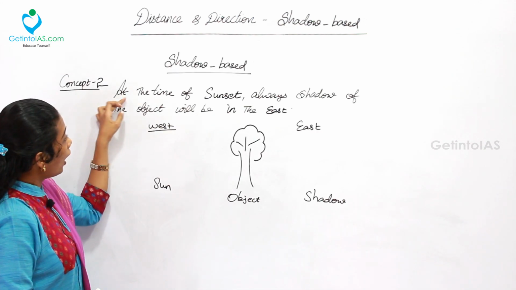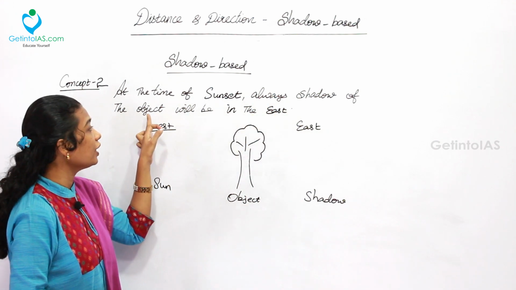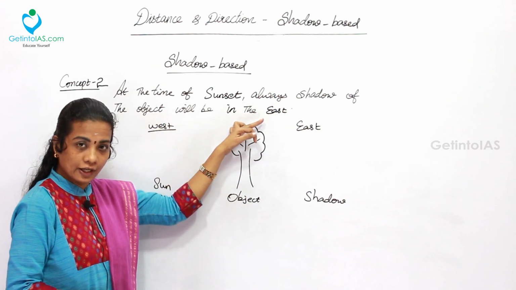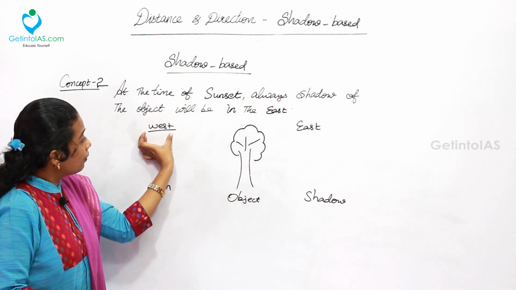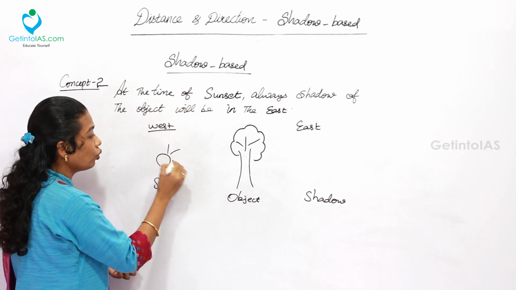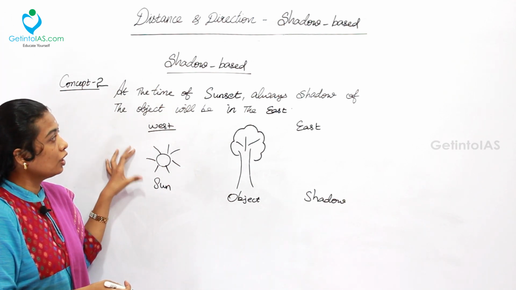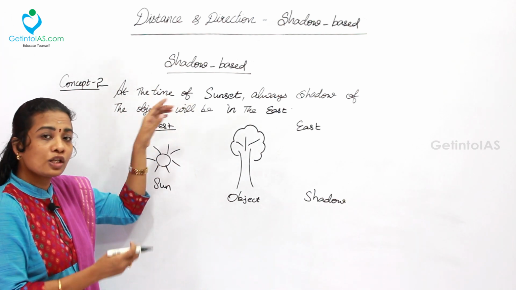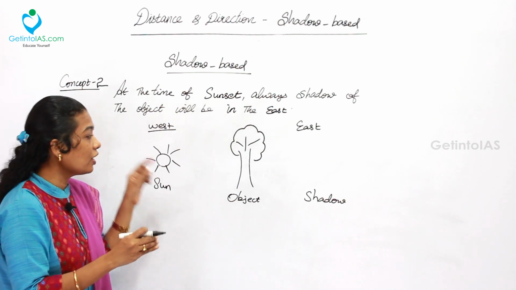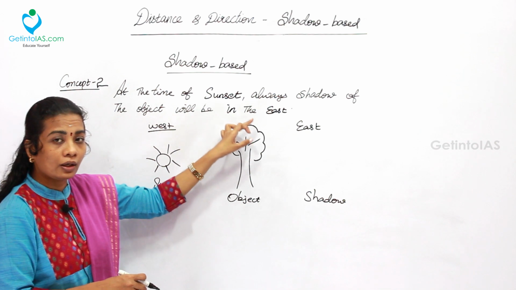Concept 2: at the time of sunset, the shadow of the object will always be in the east. That is, the sun will be in the west, because after 12 noon, the sun's direction changes to west till the evening. So just before the time of sunset, the shadow of the object will always be in the east.